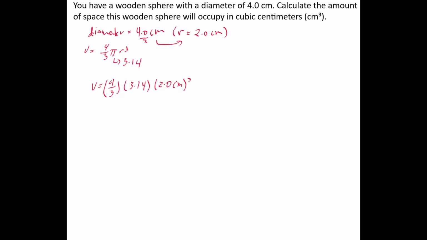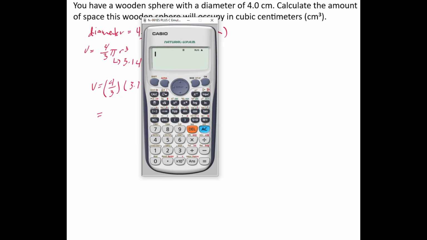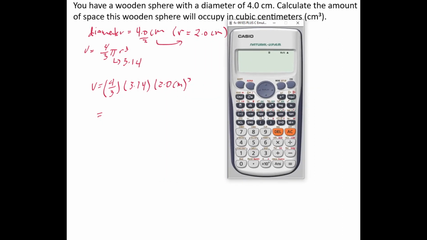Okay, so you can use our calculator again. So let me just put this to the right side. So let me use this function. So 2 and then cube, plus equal sign, so that is 8.